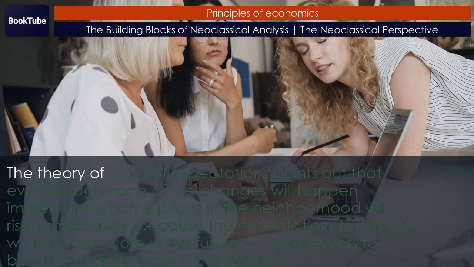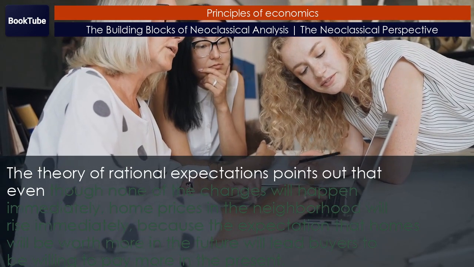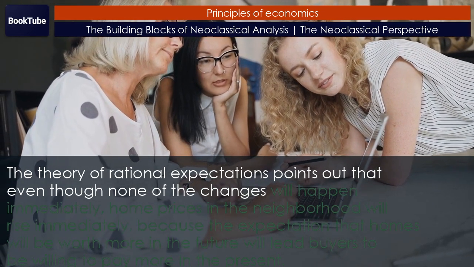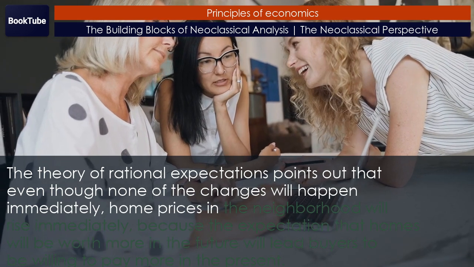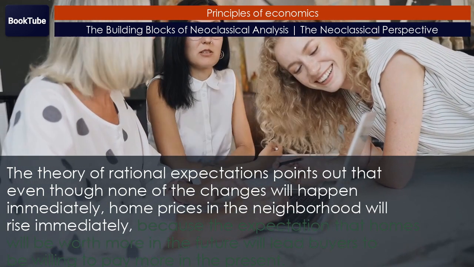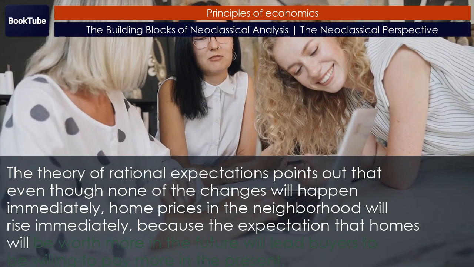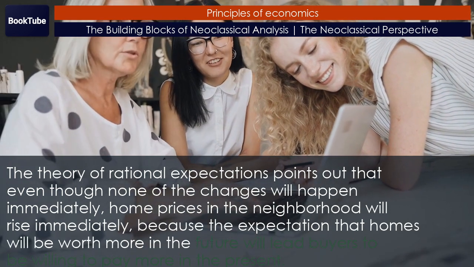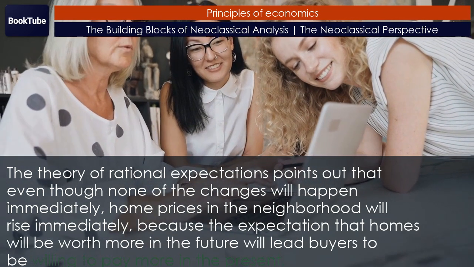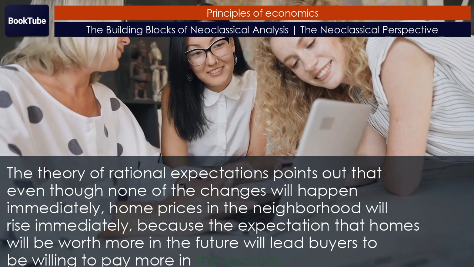The theory of rational expectations points out that even though none of the changes will happen immediately, home prices in the neighborhood will rise immediately, because the expectation that homes will be worth more in the future will lead buyers to be willing to pay more in the present.